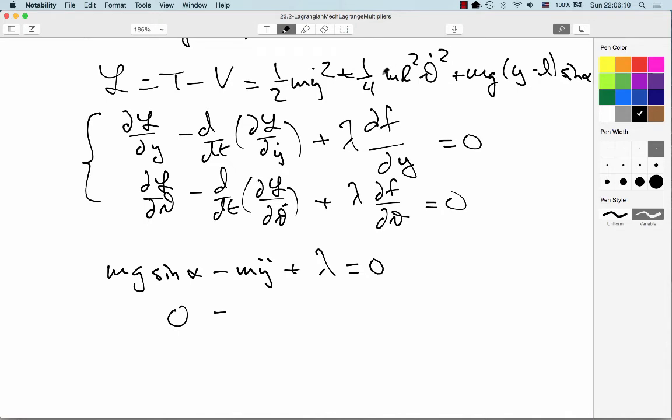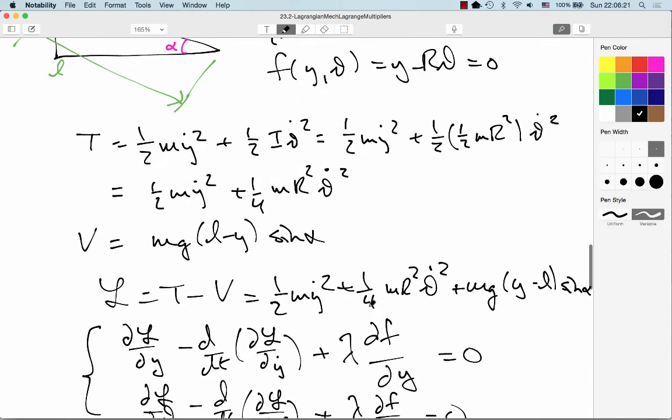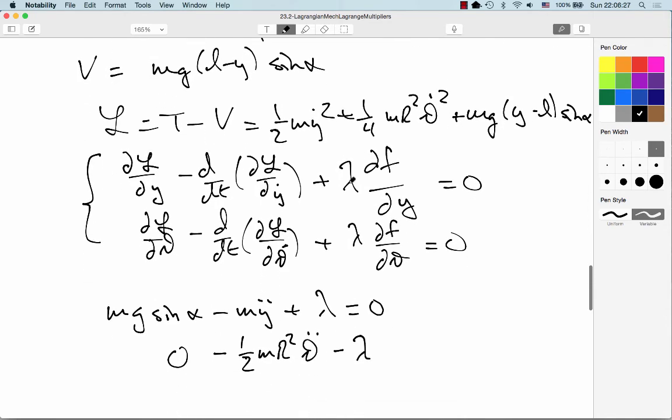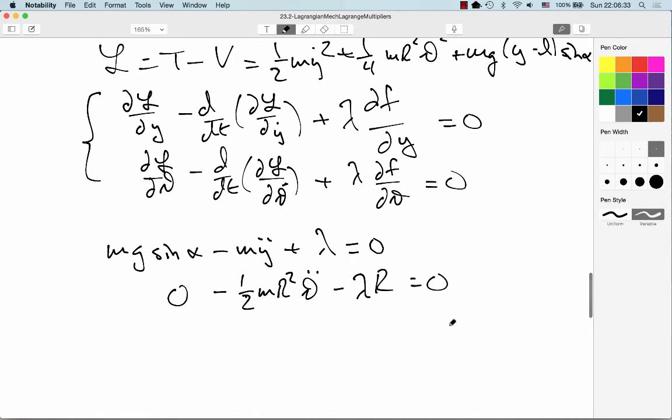So I bring down 2, that'll give me a half m r squared theta double dot minus lambda, and then my partial f partial theta is going to give me a minus r. So I already factored in the minus sign there, but there's the r. That equals 0.